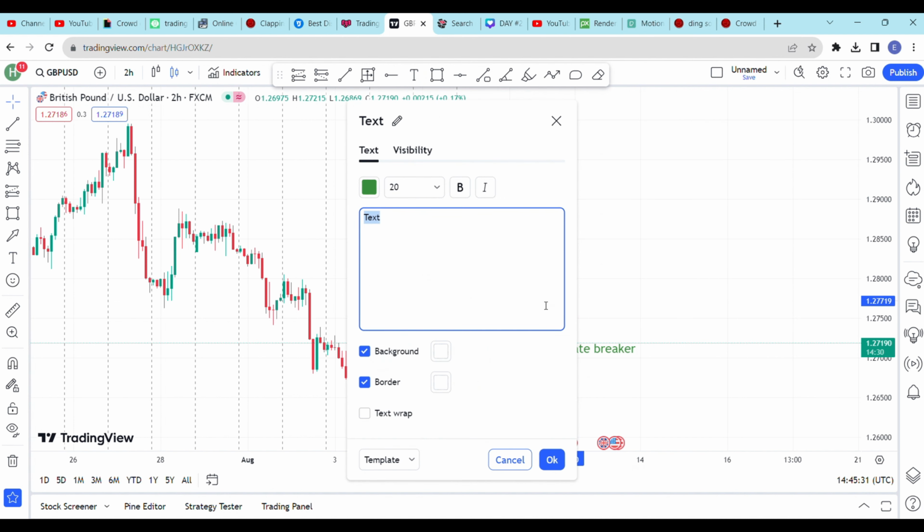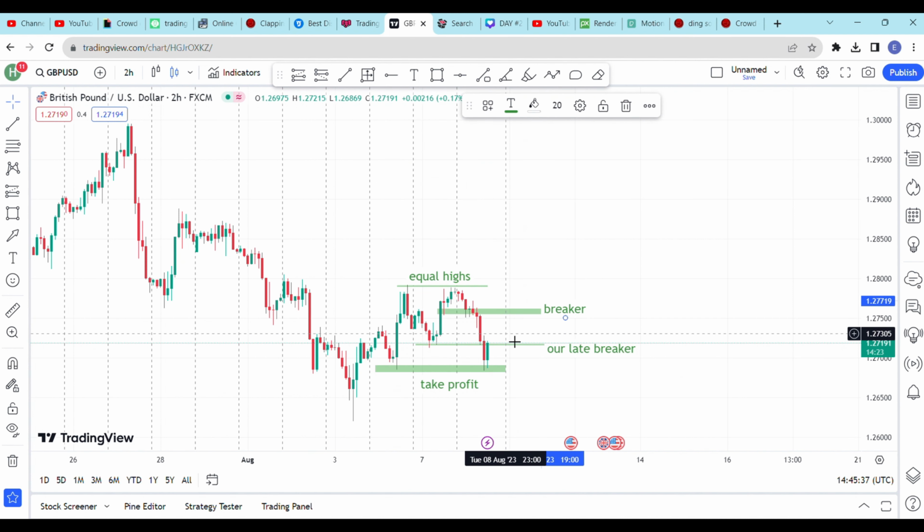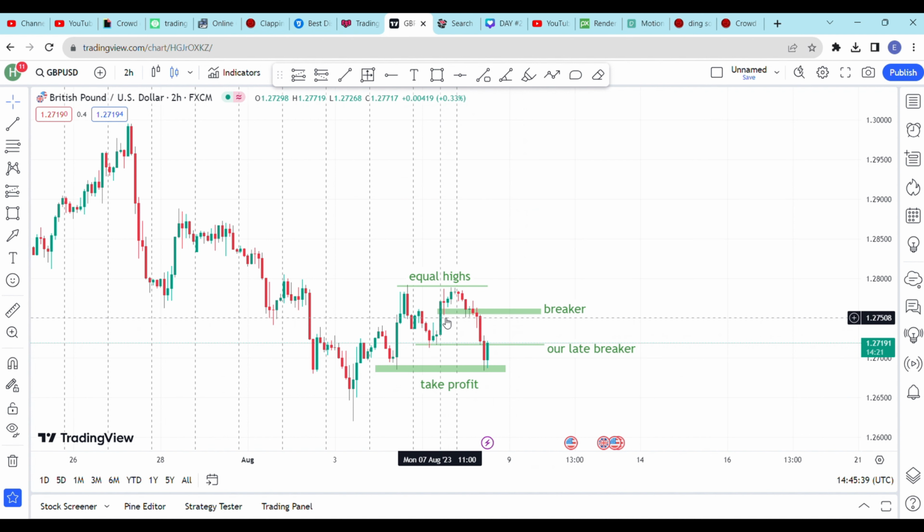If it was taken out, then that would have been considered a breaker. But you can see there, I have marked a breaker, which was a single liquidity, a liquidity void. And the liquidity void, you can see it was taken out, which I marked as our breaker.